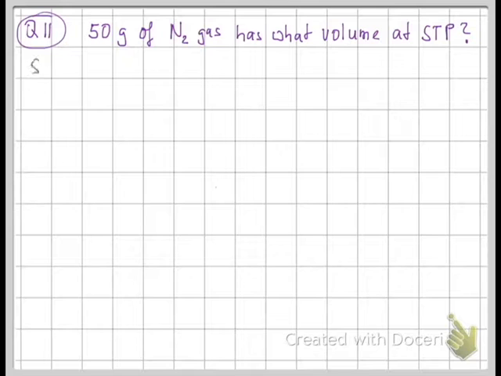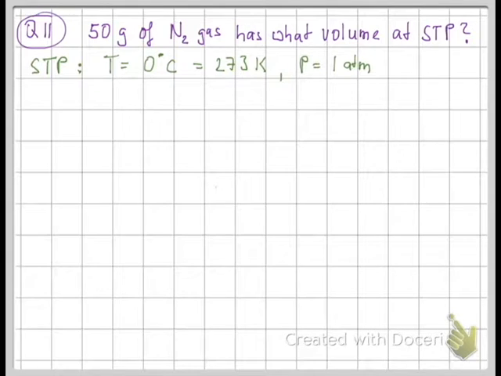STP, standard temperature and pressure, indicates that you're having a temperature T of 0 degrees Celsius or 273 Kelvin, no degrees. And the pressure for that is P equals 1 atmosphere.